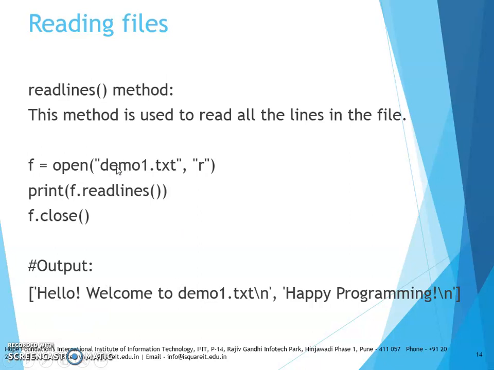Now if this file contains only 2 lines, that is hello, welcome to demo1.txt and happy programming, just check it is displayed in the format of a list, and the first line data is printed as the first substring with the new line character also, and the second is displayed here. So readlines gives us all the lines from the file.